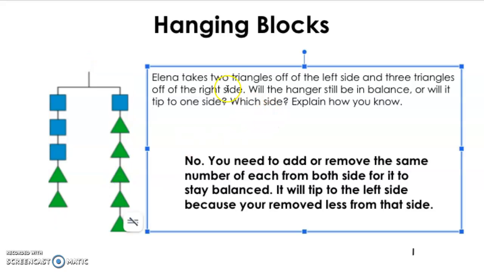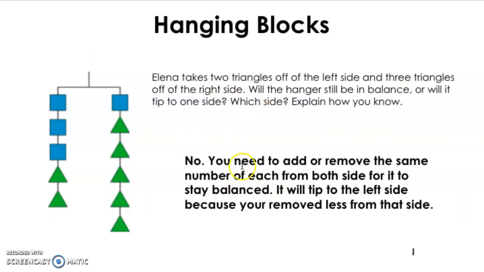And the answer is no, it won't stay balanced, because you have to add or remove the same number of each item, each like thing, from each side. So if I only remove two triangles from the left, but I remove three triangles from the right, then it will tip to the left side because I've removed less from that side.